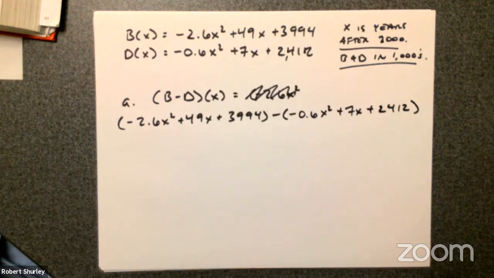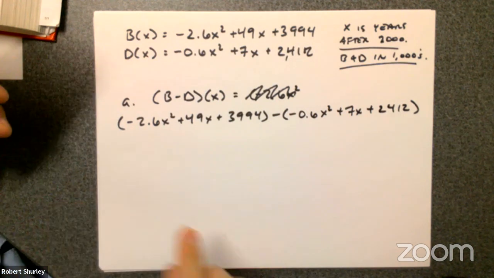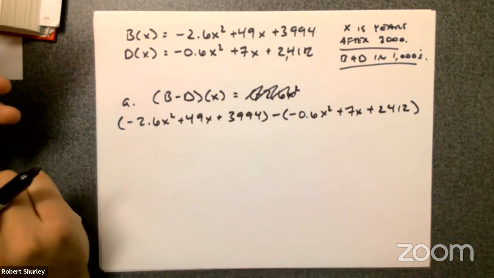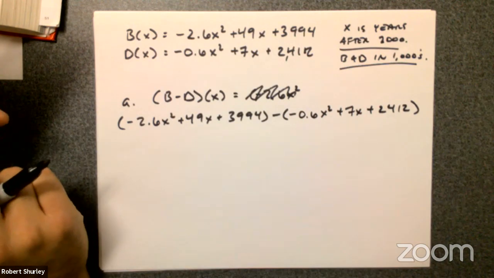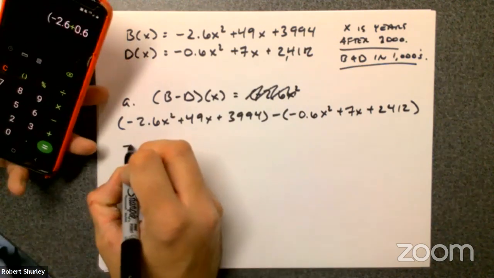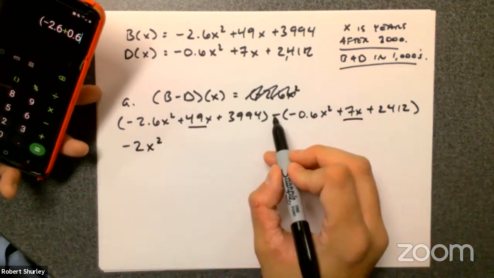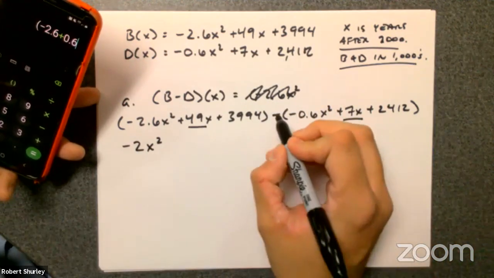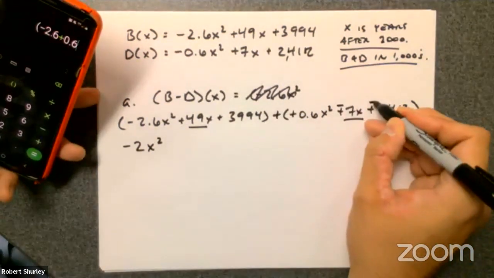I'm going to take my calculator out and just add these together. The first one's not bad. -2.6 minus 0.6 is going to be -2, so -2x squared. Then we've got 49 minus 7. Remember, it's minus because we distribute this through. If you want, you can just change the signs: if you distribute, this becomes a plus, this becomes a minus, and this becomes a minus.